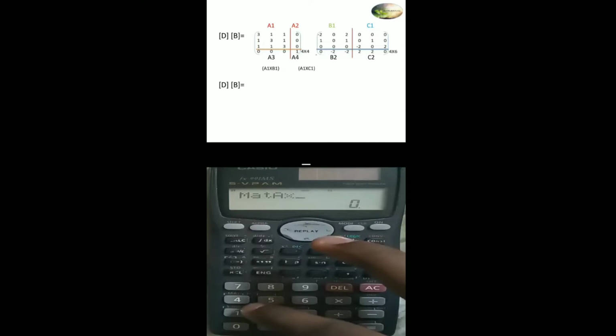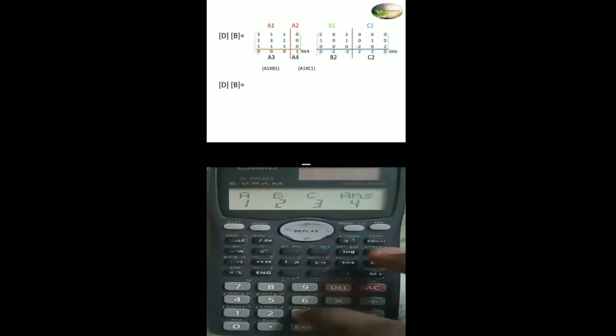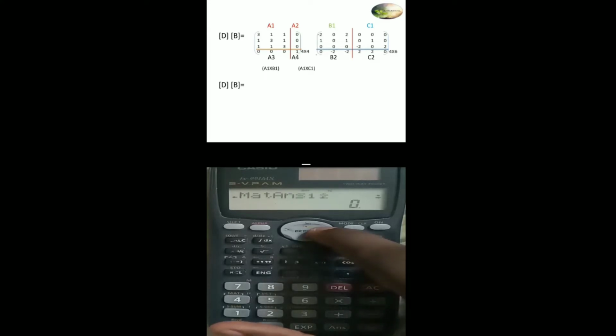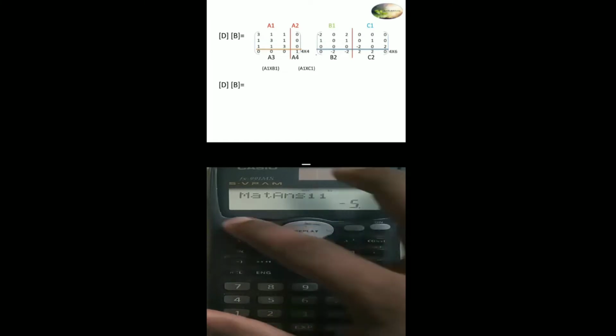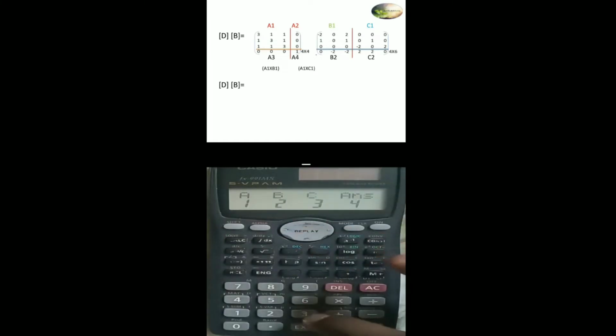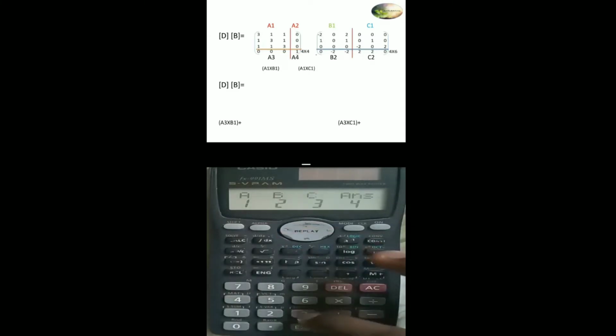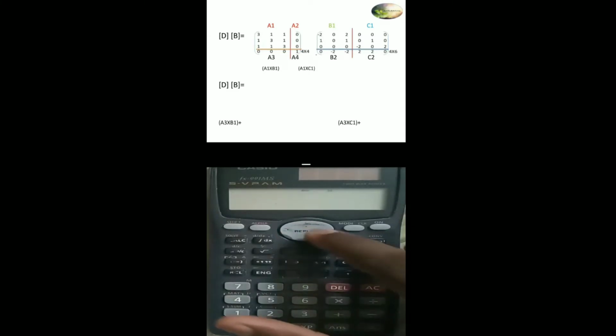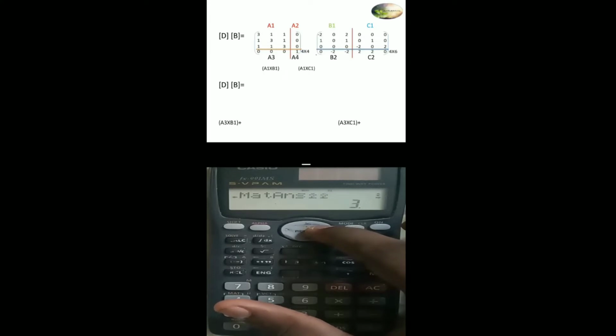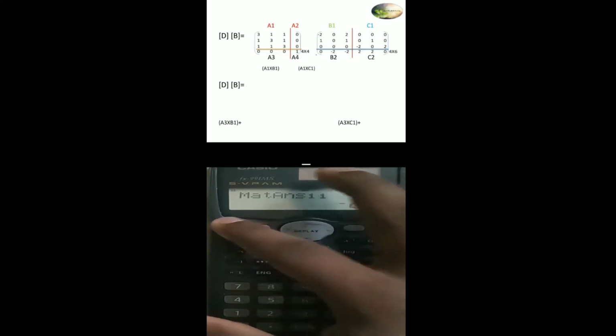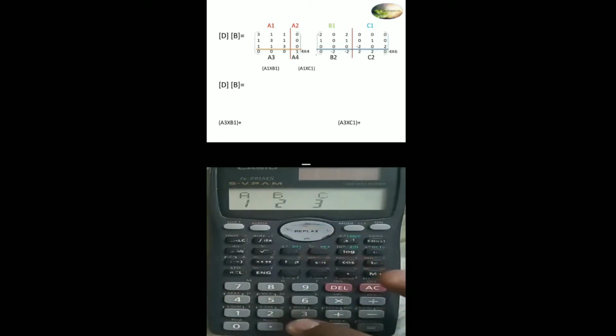First multiply A1 into B1. Mark the values. Then A1 into C1. Then enter the value of A3 in A1.